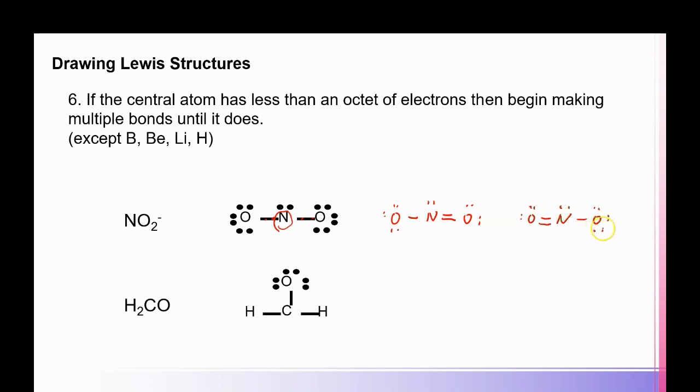And that we call a resonance structure. So these two both exist, and both structures are right structures. I'm going to draw an arrow here. Whenever you see this, it means resonance structure. Okay, I have a slide on that.